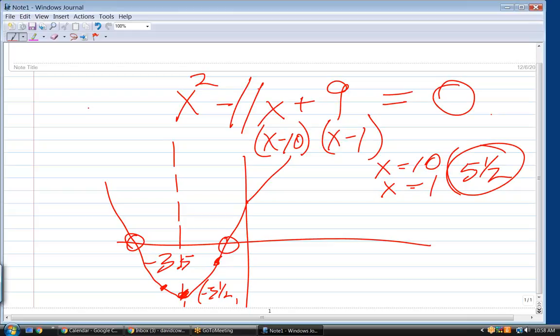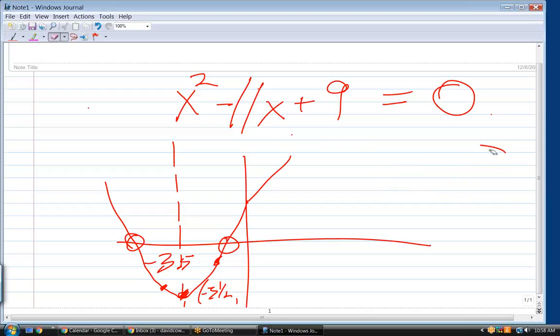So if the problem is given like this, I'm going to still use minus b over 2a because I can see that that doesn't factor. If the problem was given like this, well, I can see that factors. That's going to be a quicker way to get to my x-coordinate of the vertex than by using minus b over 2a. In other words, always do math in the easiest way possible.